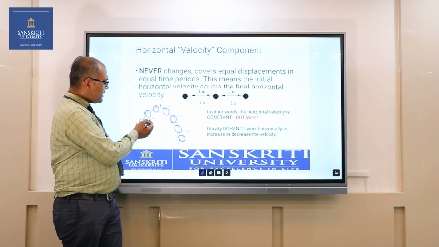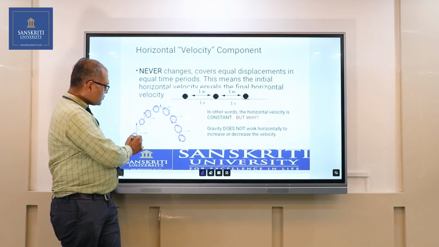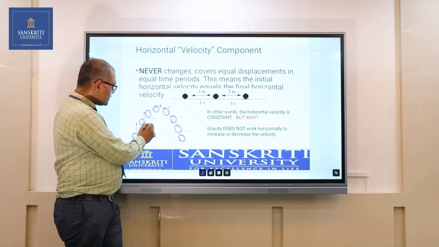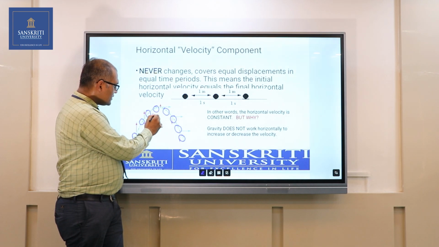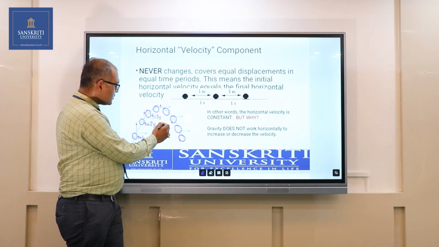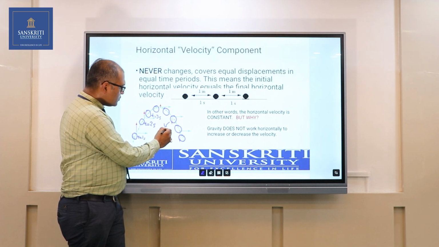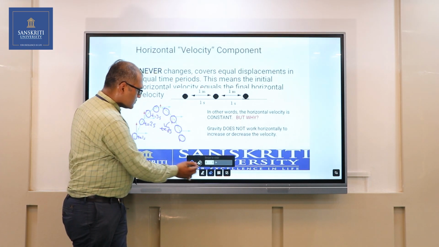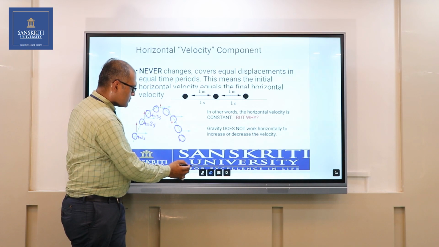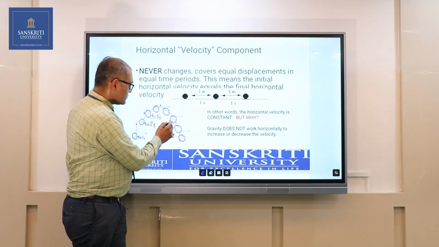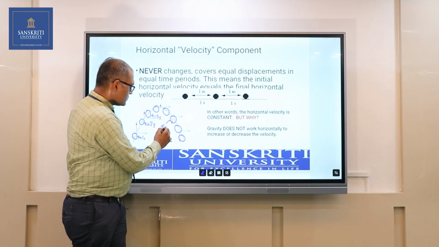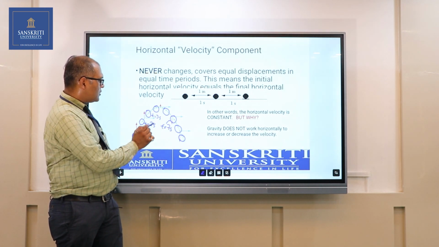Now at each instant, suppose this is t equal to 1 second, this is t equal to 2 seconds, this is t equal to 3 seconds, and this is t equal to 7 seconds.